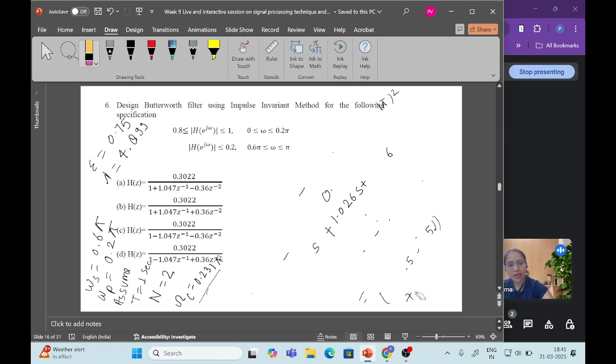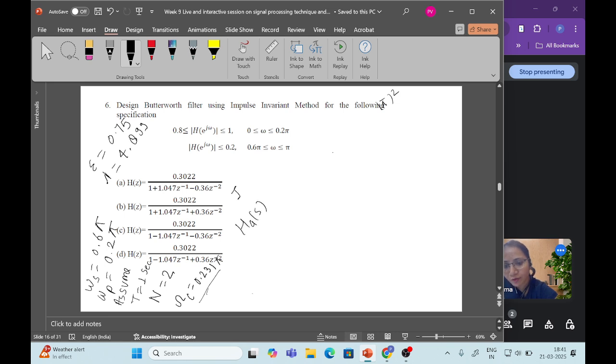Now just calculate the values of A and B. Or you can say that we already know in the impulse invariance method, Ha(s) is the sum for k varying from 1 to N of Ck divided by s minus pk.